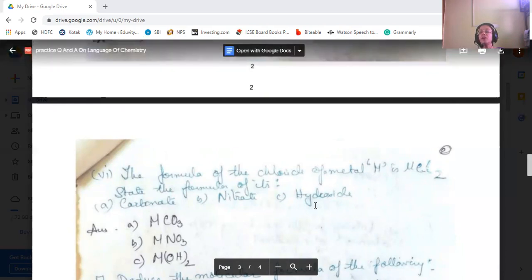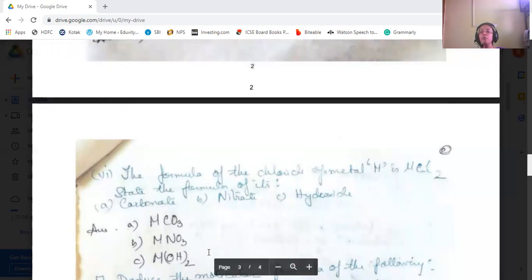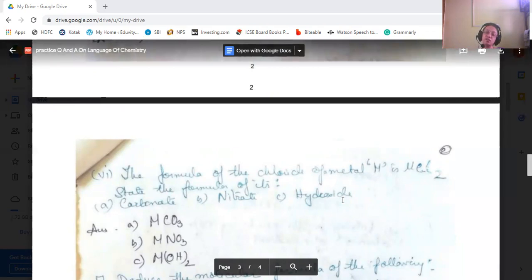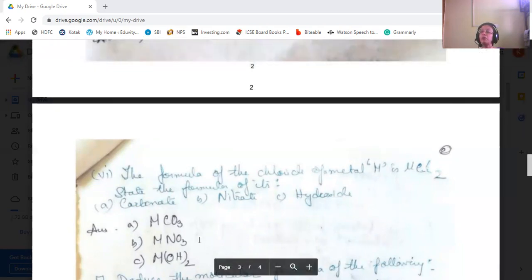Then hydroxide, M(OH)2. M hydroxide has two valencies. And the nitrate option, B1, will come to M(NO3)2. Okay, please correct it.